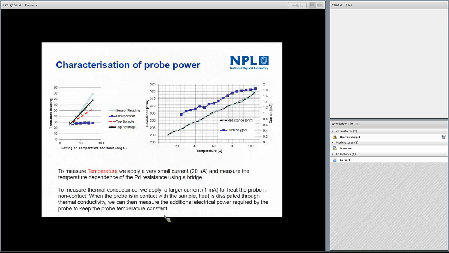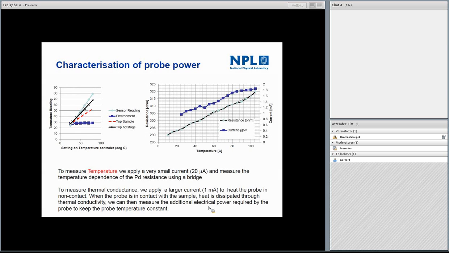To measure the thermal conductance, because that's not the conductivity, we apply a large current. So we heat the probe by Joule effect, and we are in non-contact. After this, we go in contact with the surface, and when we're in contact, there will be heat loss due to thermal conductivity between the tip and the sample.